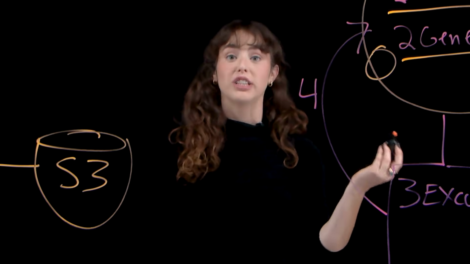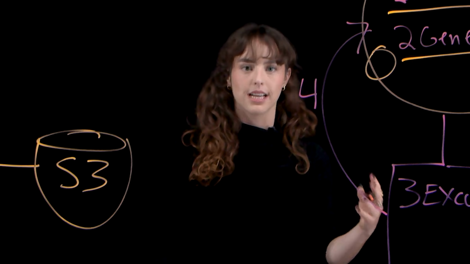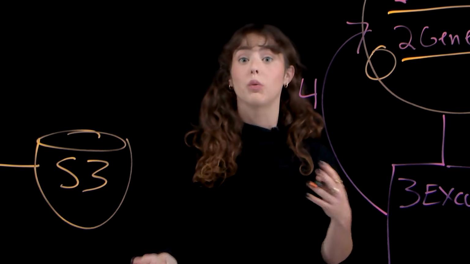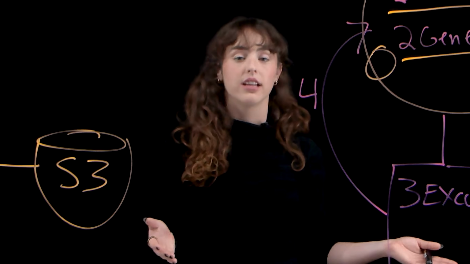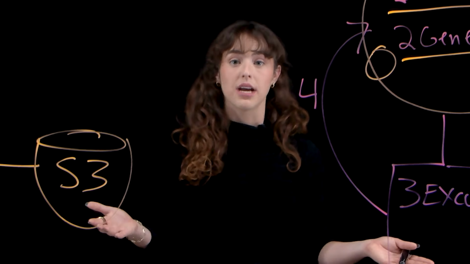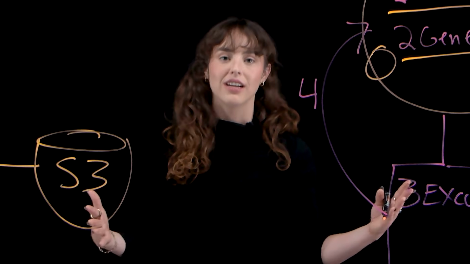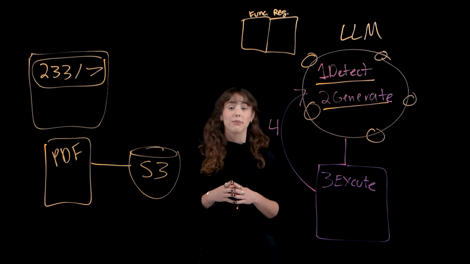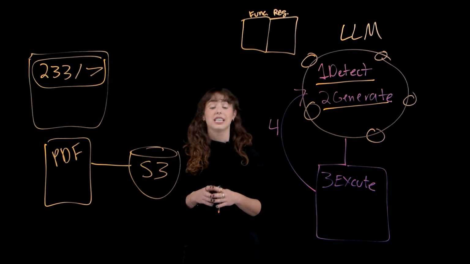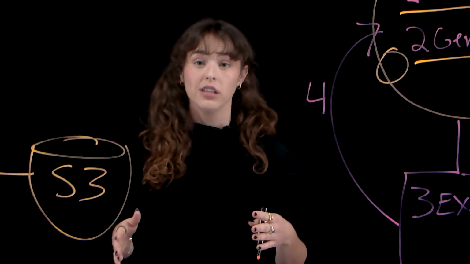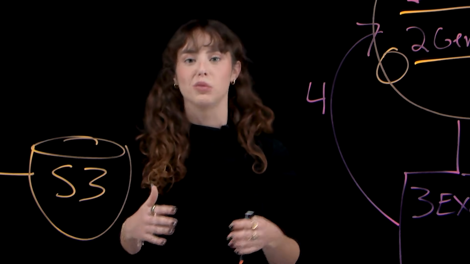Now, this function registry is something you can think of like a phone book that stores what tools exist and the metadata that they require, like their endpoint URL, their auth method, their input and output schemas, their execution context, etc., etc. This registry layer can be implemented via a YAML or JSON manifest file checked into Git, a microservice catalog, or a Kubernetes custom resource that's describing these callable functions.